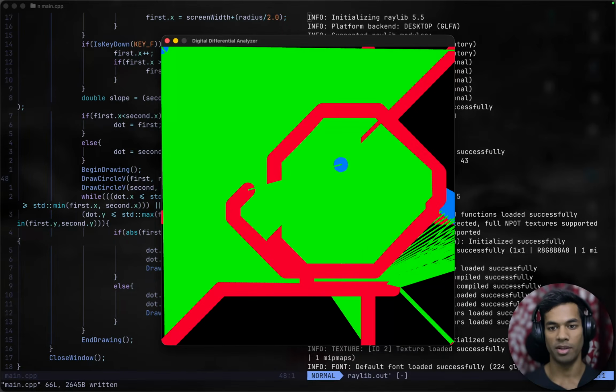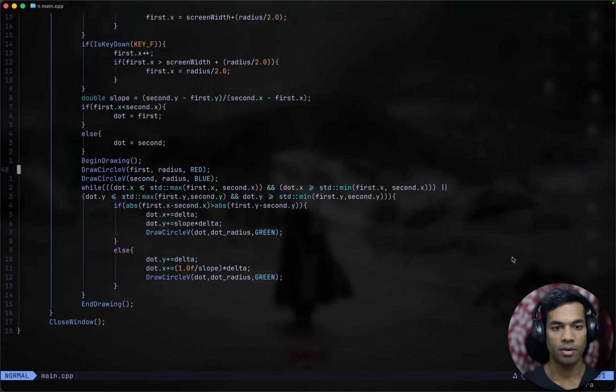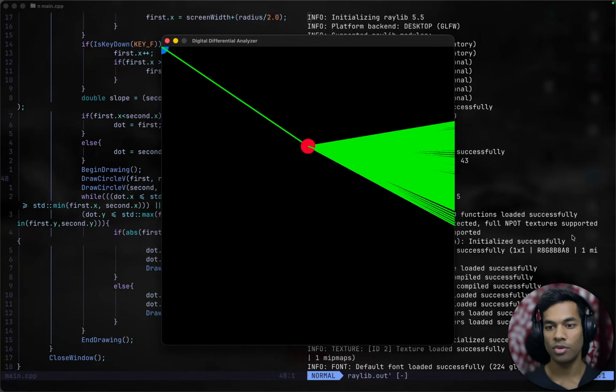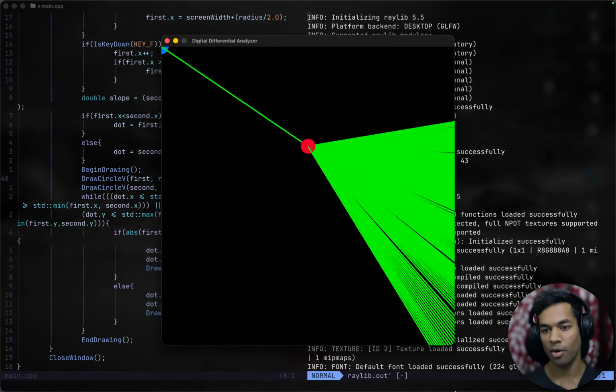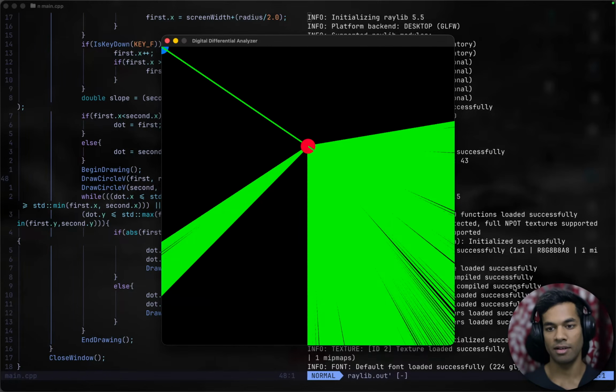This looks cool, by the way. Okay, mouse. This is still getting mouse position when the mouse is outside the screen. That is crazy. That is actually crazy.